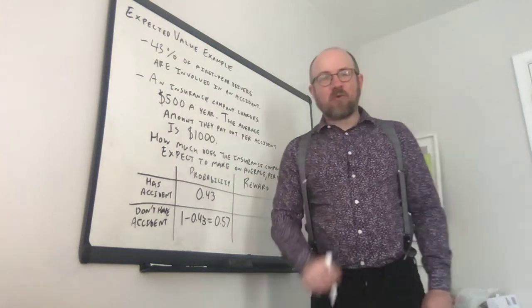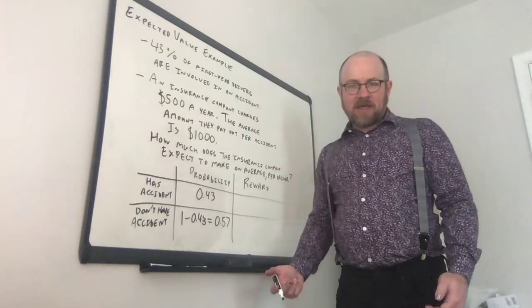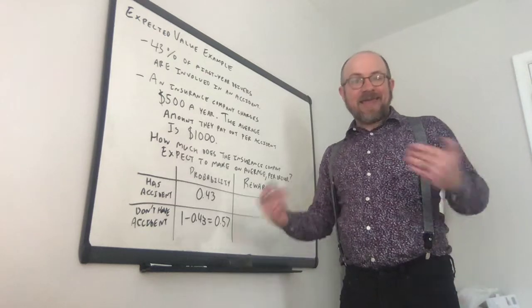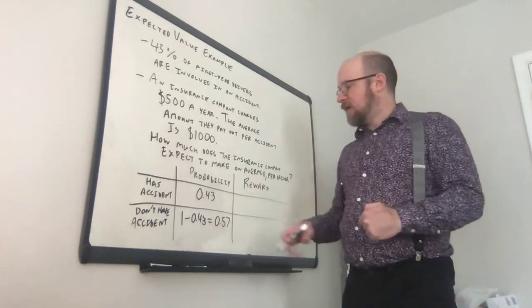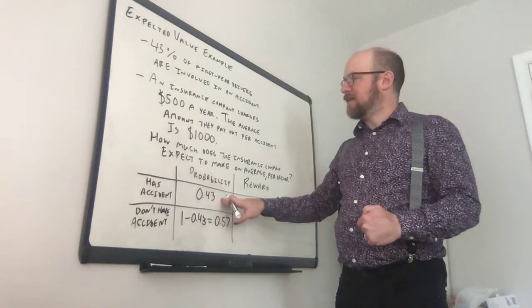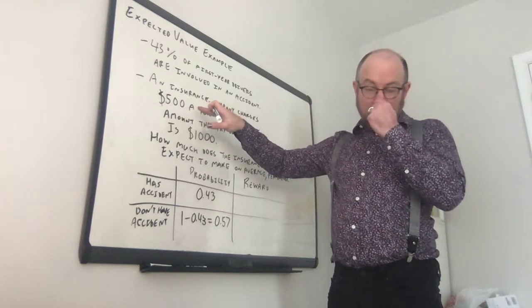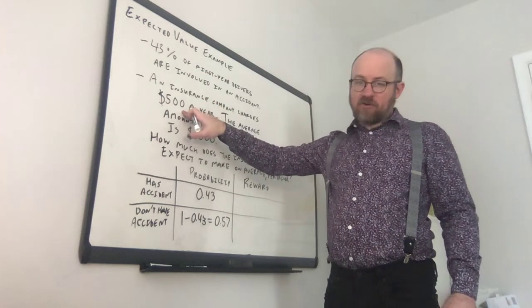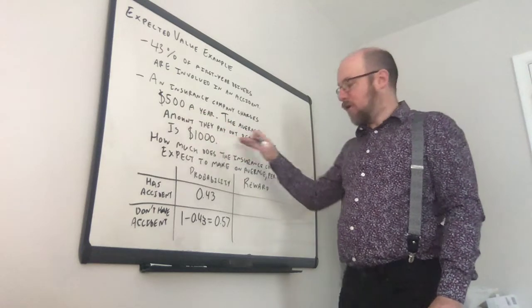Now we need to think about reward, right? So for the insurance company, selling you insurance is like a game, like we were playing. There's a 43% chance that you have an accident. If you have an accident, what does the insurance company make off of you? Well, they took $500 from you, but if you had an accident, they had to pay $1,000 off.